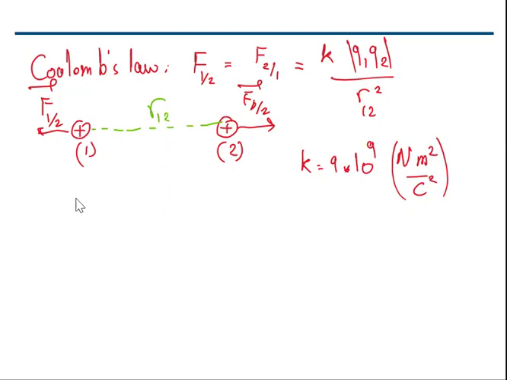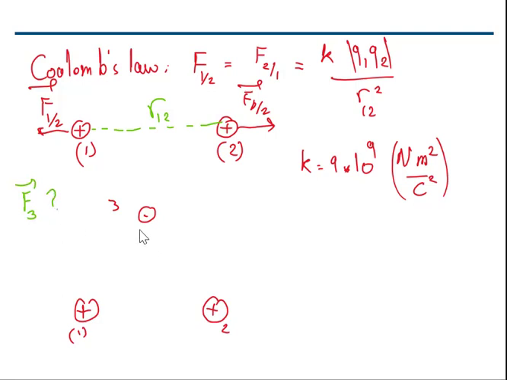And then we talked about the superposition principle. If we have a point charge 1 and a point charge 2, both of them positive, whatever the sign, and we have a negative charge, for example 3 here, we want to calculate the force exerted by the two charges on the charge 3.